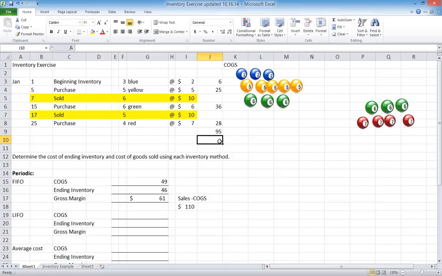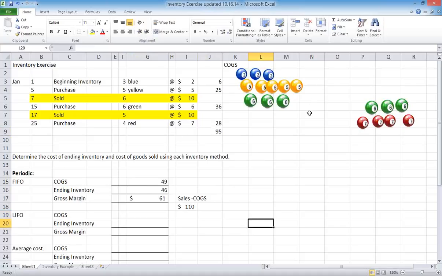If I had $95 worth of units available for sale this month, then my cost of goods sold and my ending inventory should equal $95, right? And that does equal $95, so I'm going to assume that's correct.